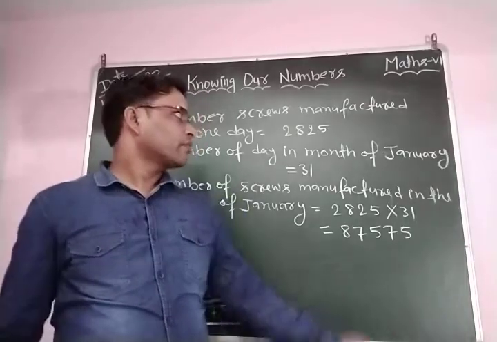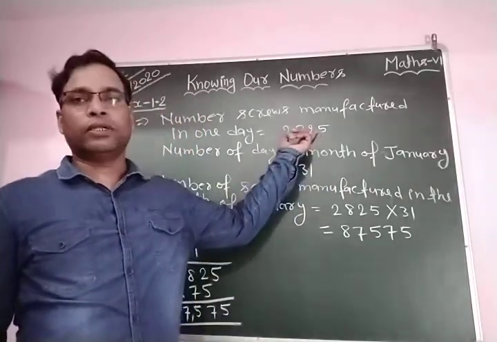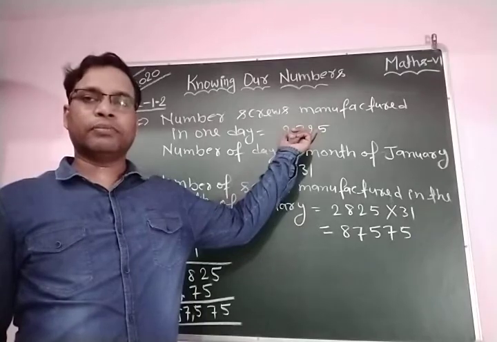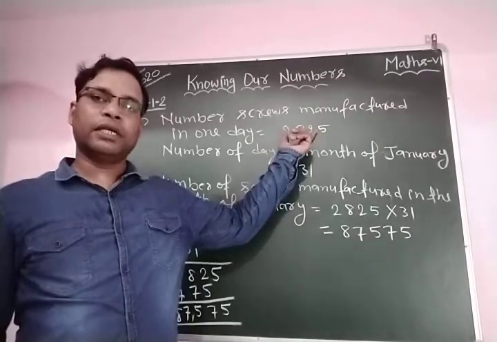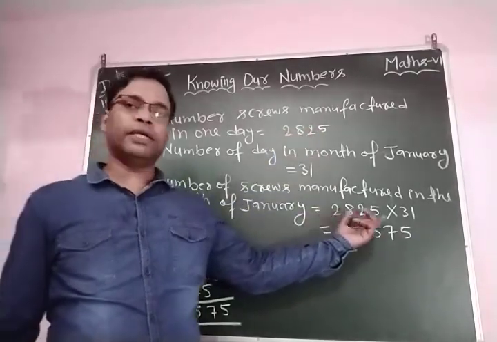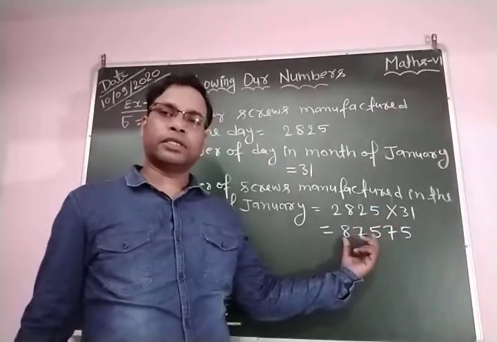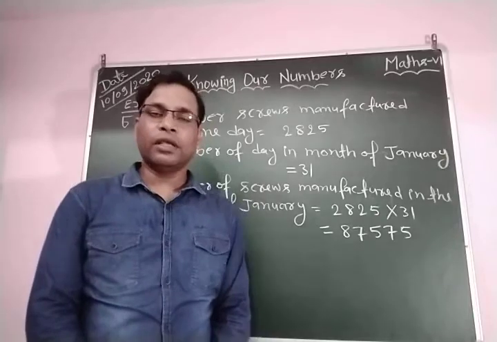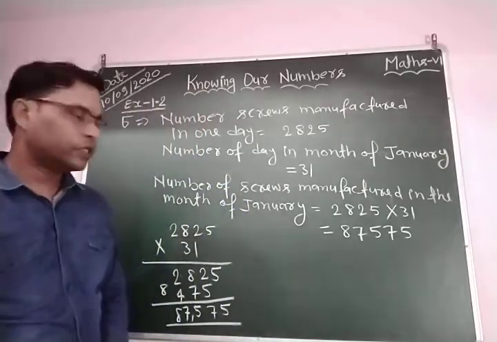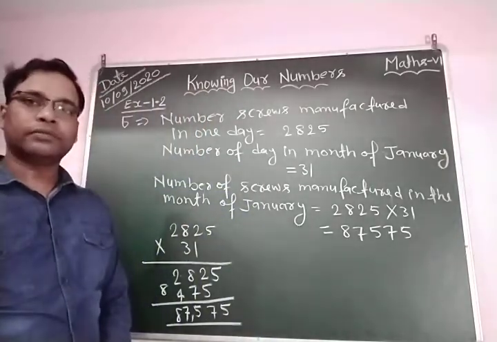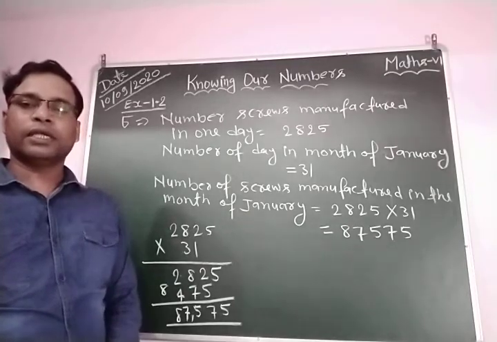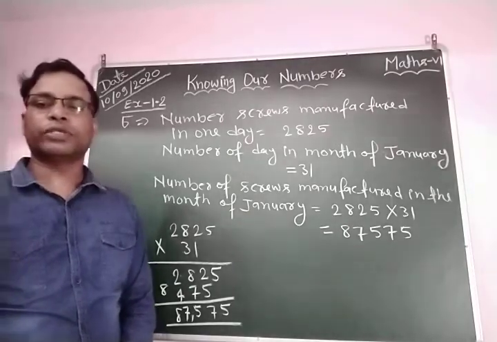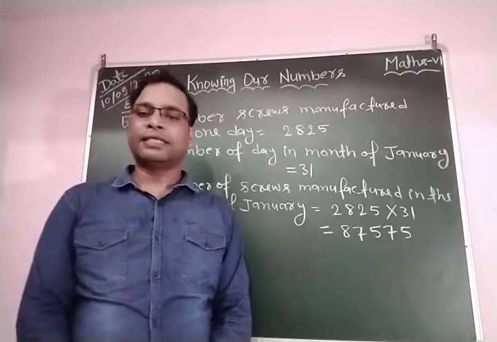So for one day, 2825 screws manufactured by this machine. So in the month of January, in 31 days, this is 87,575. Now, students, I hope all of you understood these questions. Now we are going to discuss the next question, question number 7.